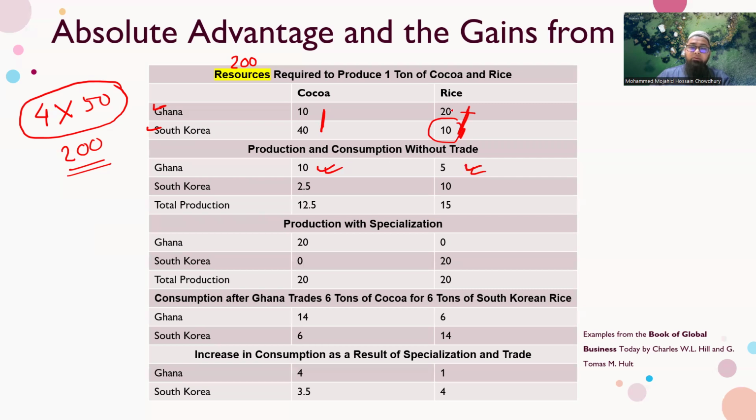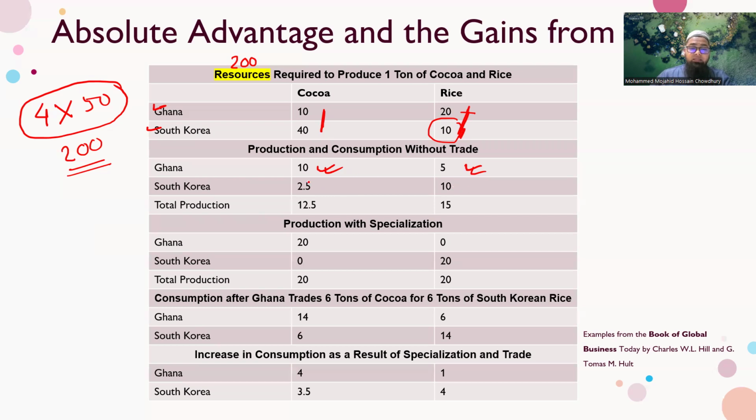Because they need 20 to produce rice, with 100 they could come up with 5 tons. For South Korea, they need 40 resources for cocoa, so they will be able to produce 2.5 tons. And for rice they'll come up with 10 tons.